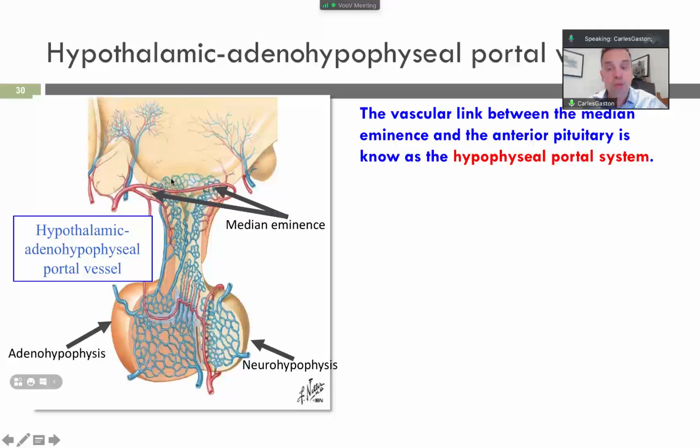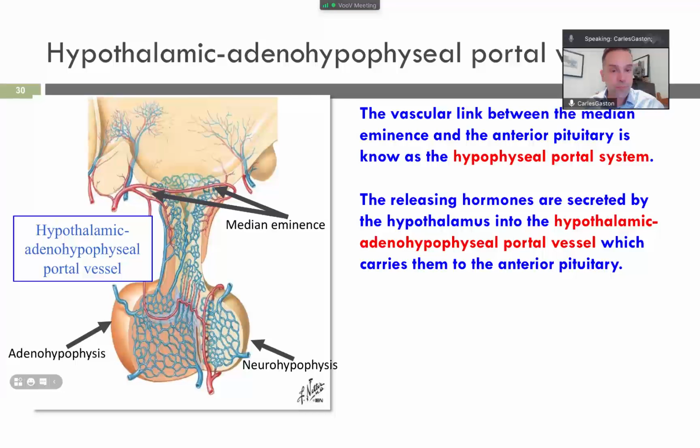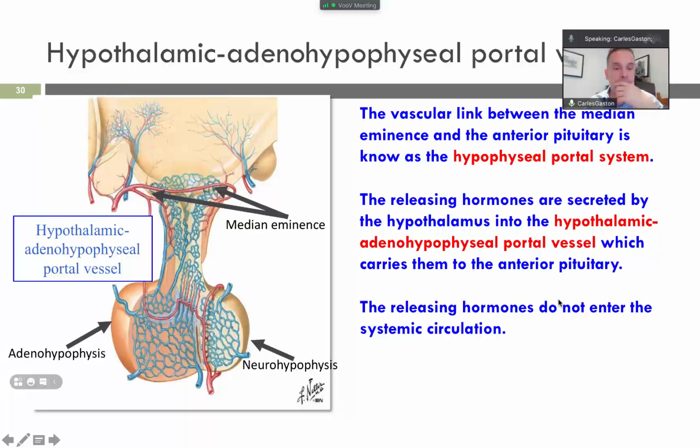The neurons will not be able to tell the pituitary gland what to secrete. The releasing hormones, which we will study in the next lecture, are secreted by the hypothalamus into the hypothalamic adenohypophyseal portal vessels, which are here in blue, and these are carried into the anterior pituitary.